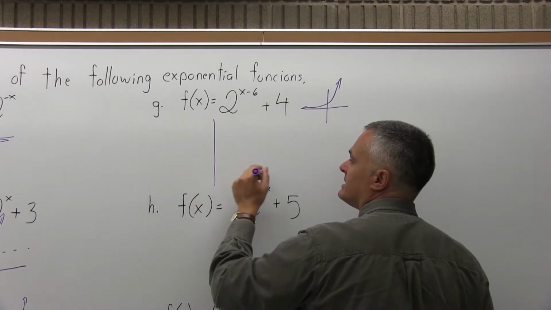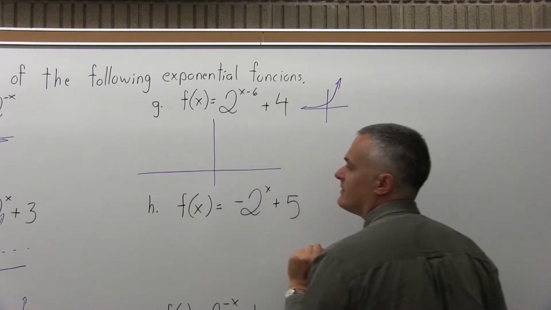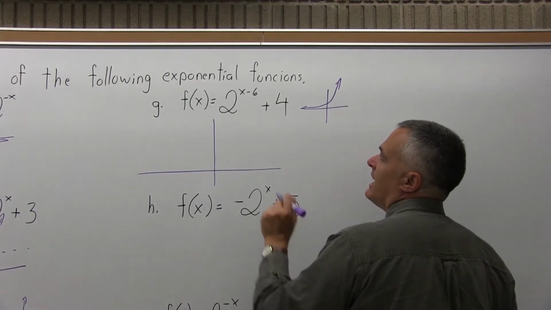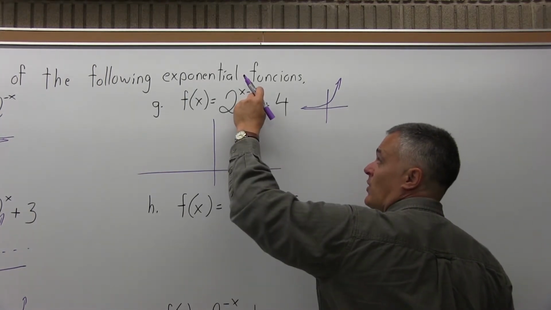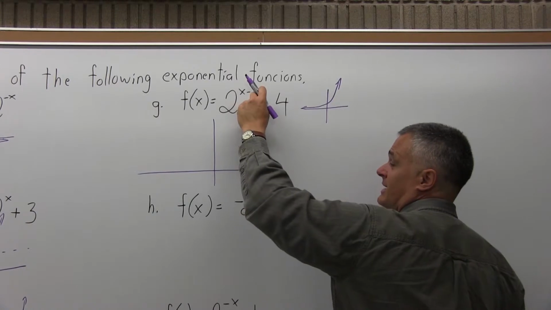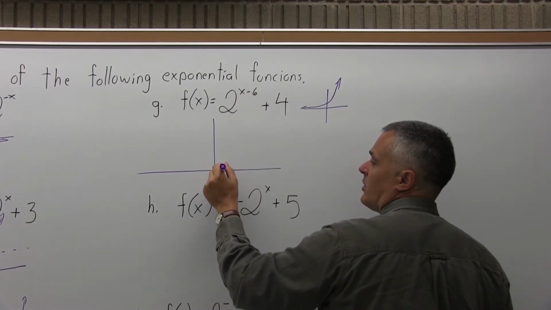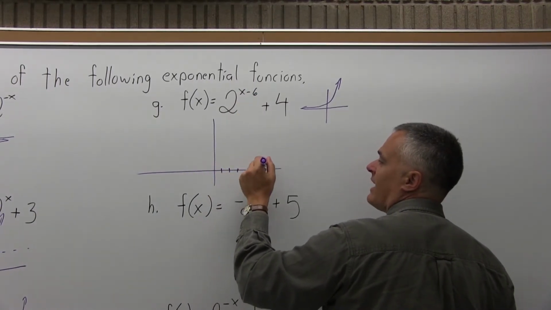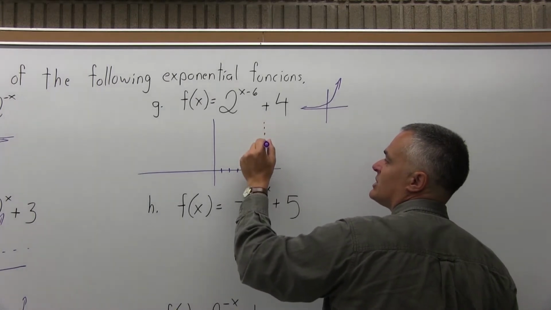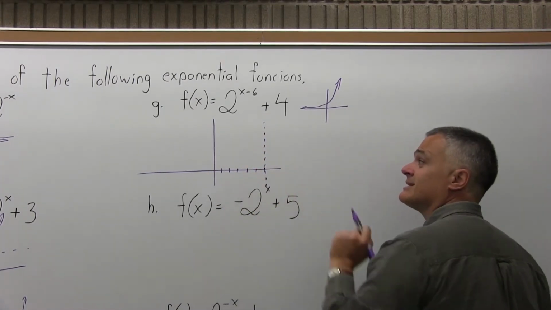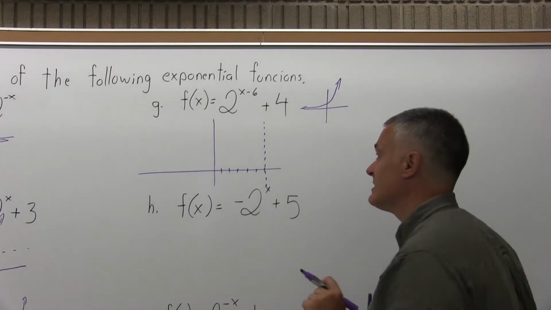So I'll start with my standard Cartesian coordinate graph with the x and y axis, and I'm going to shift forward to the right by 6. So I'm going to come over 1, 2, 3, 4, 5, positive 6, and have an imaginary y-axis that's 6 to the right of the real y-axis.